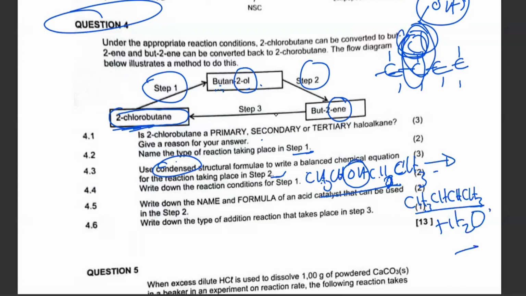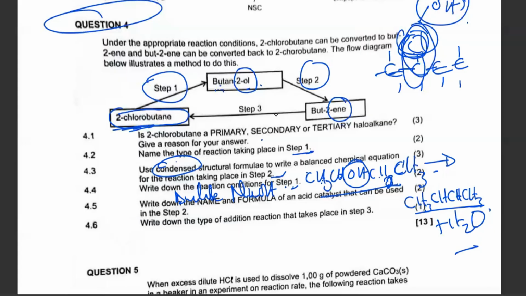They're saying write down the reaction condition for step 1. You remember it's a hydrolysis, therefore we use a dilute strong base, for example dilute sodium hydroxide.